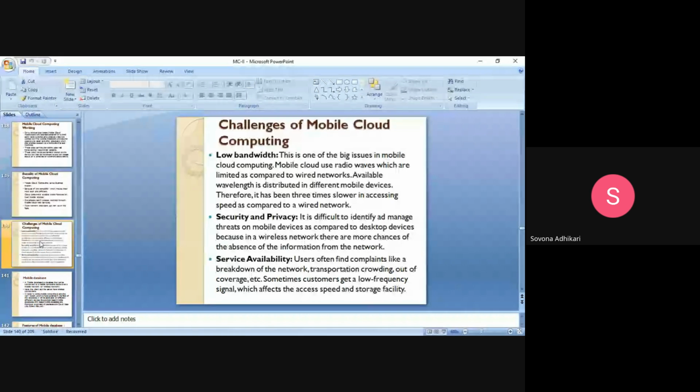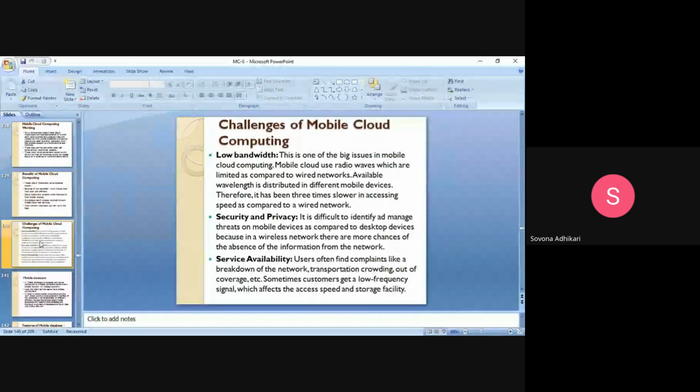Low bandwidth is one of the big issues in mobile cloud computing. Mobile cloud computing uses radio waves, which we already know are limited compared to a wired network. The available wavelength is distributed among different mobile devices. Therefore, it is about 3 times slower in access speed compared to a wired network.